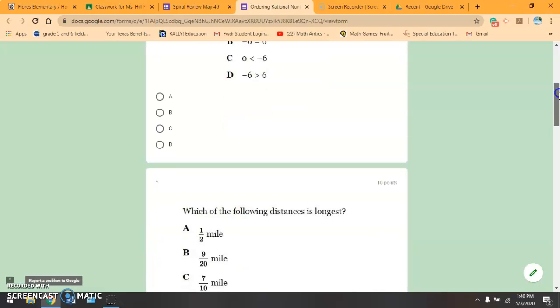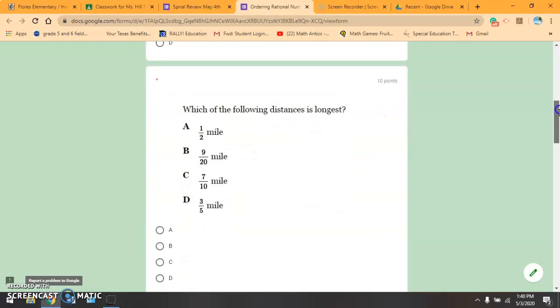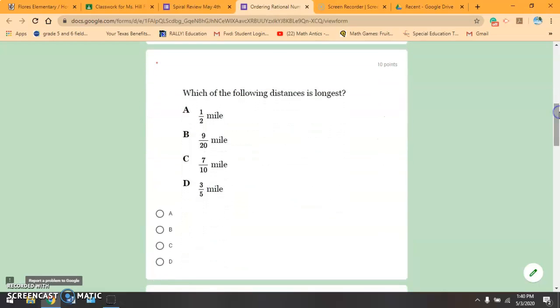Okay. Our next one is, which of the following distances is longer? We have 1/2 mile, 9/20 of a mile, 7/10 of a mile, or 3/5 mile.